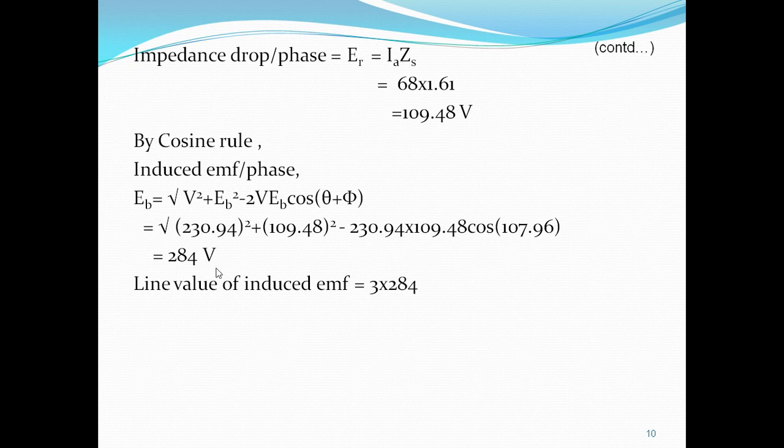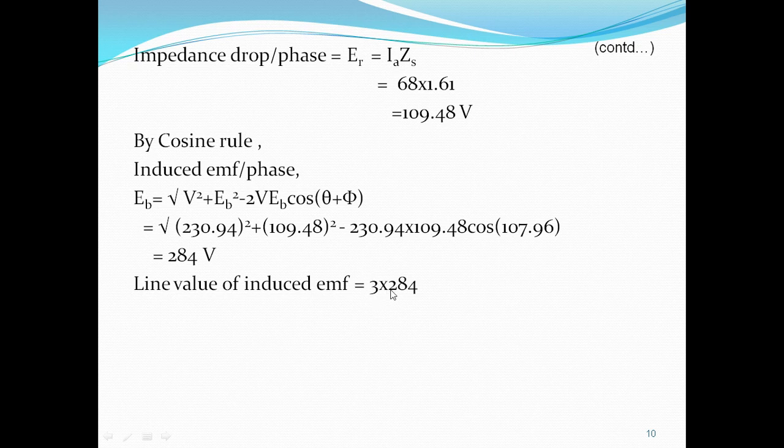To convert this into line value, VL is equal to root 3 into EB. So that is EB line is equal to root 3 into EB phase. So EB line is equal to square root of 3, this is not 3, it is square root of 3. This is also one correction. I forgot to put the root here.